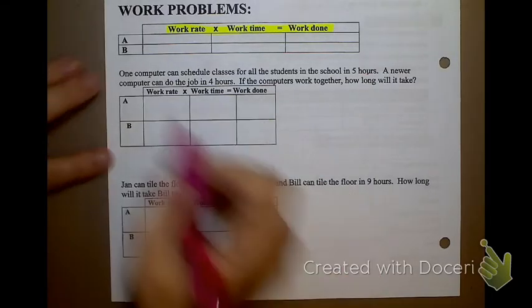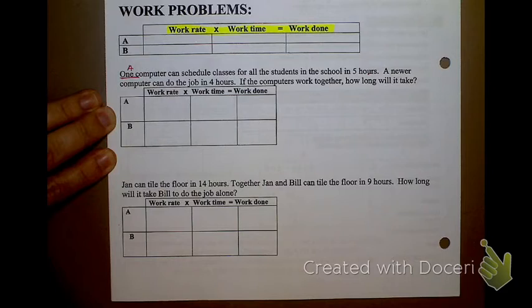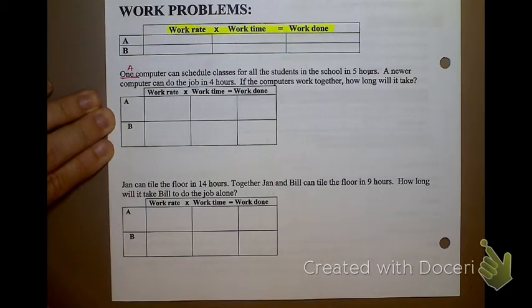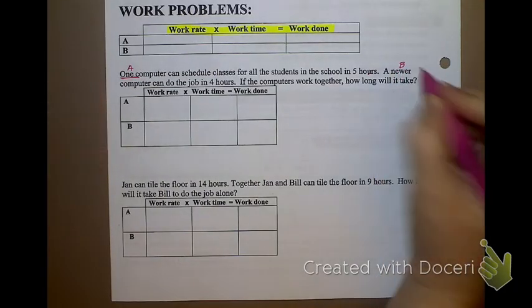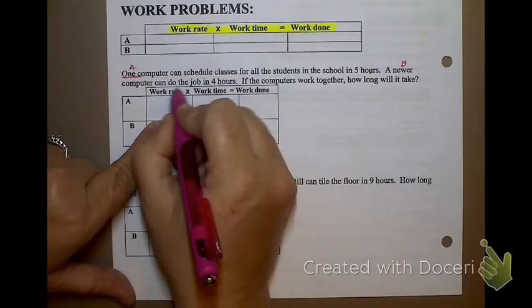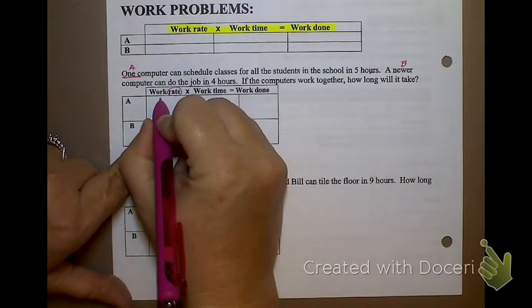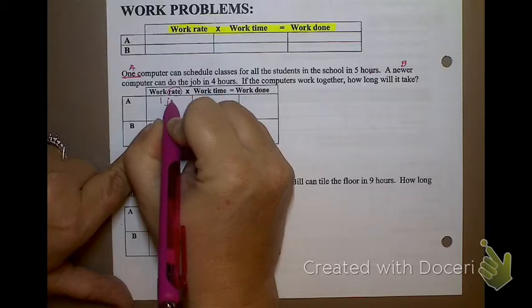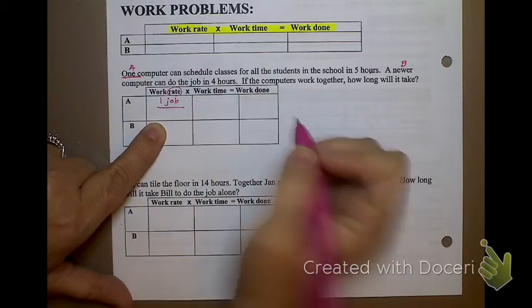So, we're going to say computer A is this guy. And we're going to call computer B the newer guy. You can switch that if you want to. I don't know why you would want to be difficult. Just go in order. Now, when we talk about rate, I want to say that computer A can complete one full job in how many hours? 5.